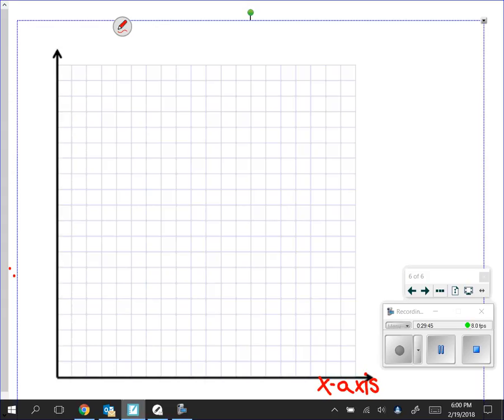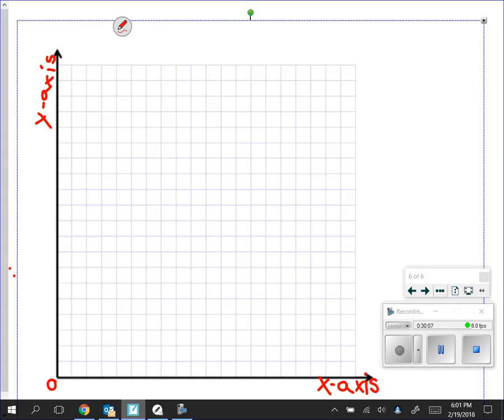And I want you to label the y-axis. The y-axis always runs up and down. It runs perpendicular. The origin is always here in the middle. It's always there where the x-axis and the y-axis intersect.